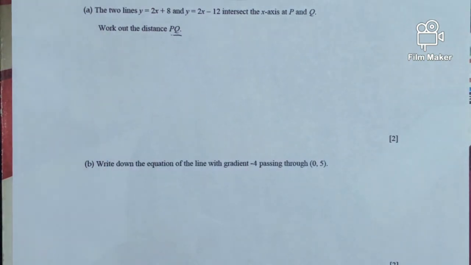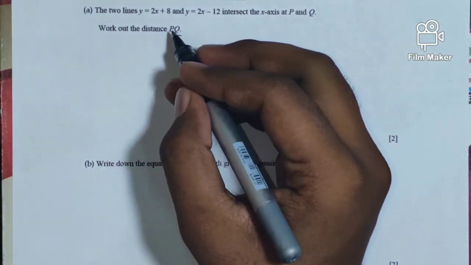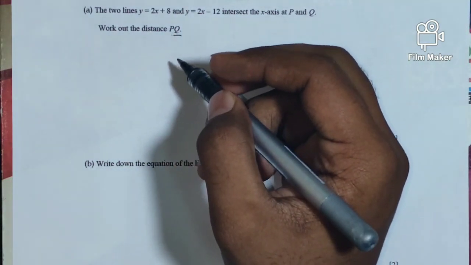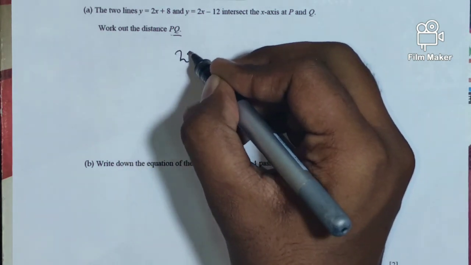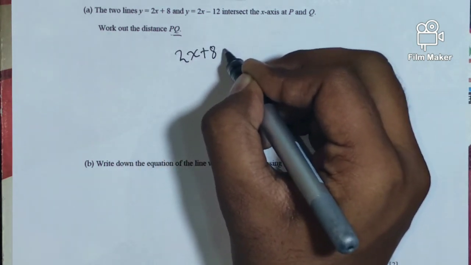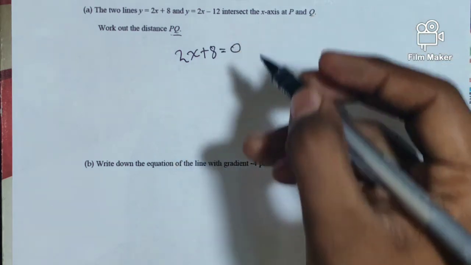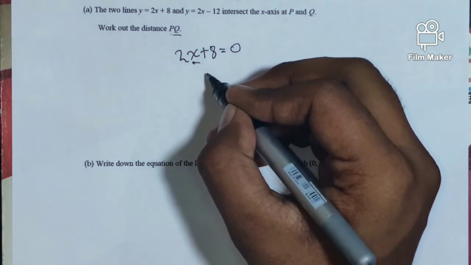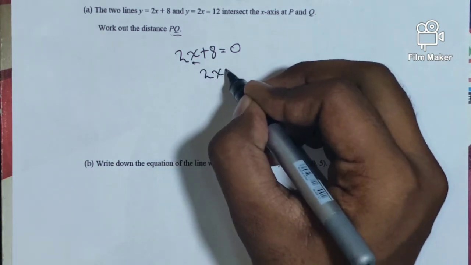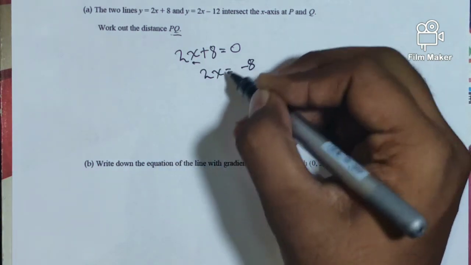Now for this question, y equals 2x plus 8 intersects the x-axis when 2x plus 8 equals 0, and here we find the value of x, which would be 2x equals minus 8 and x equals minus 4.